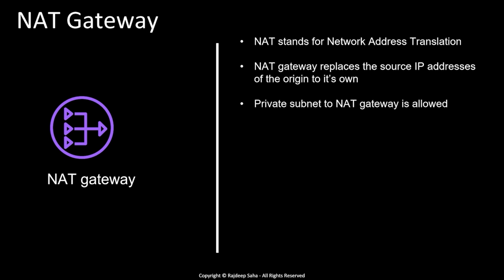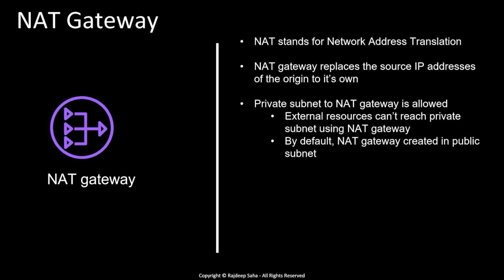So why do you use NAT gateway? You use NAT gateway for the resources running in private subnet to reach outside the subnet, even the internet. So the traffic from private subnet to NAT gateway is allowed, but external resources such as some process running on the internet cannot reach the resources running in the private subnet using the same NAT gateway, because the external resources do not know the IP address of the resources running in the private subnet.